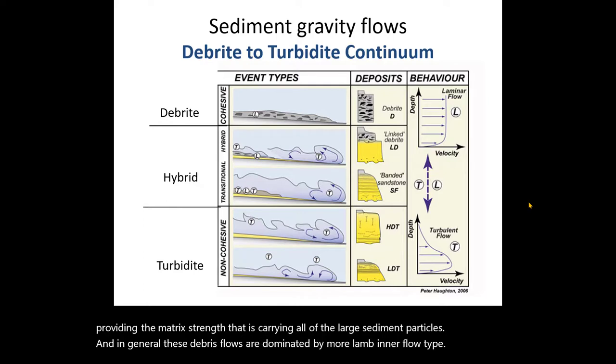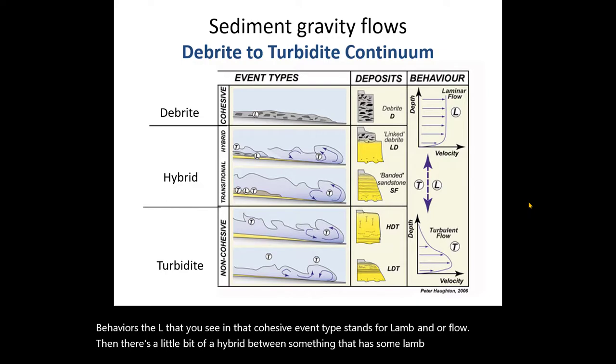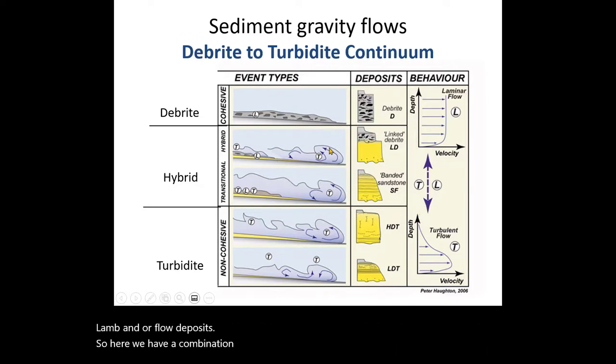The L that you see in that cohesive event type stands for laminar flow. Then there's a little bit of a hybrid between something that has some laminar flow components on the left-hand side and then initiates more turbulent flow out in front of the laminar flow deposits. So here we have a combination of turbulent and laminar flow.